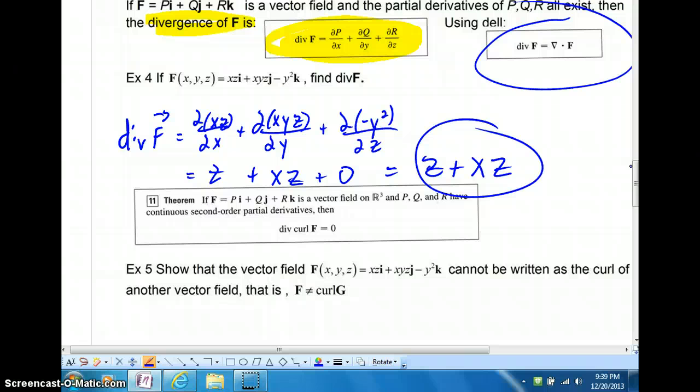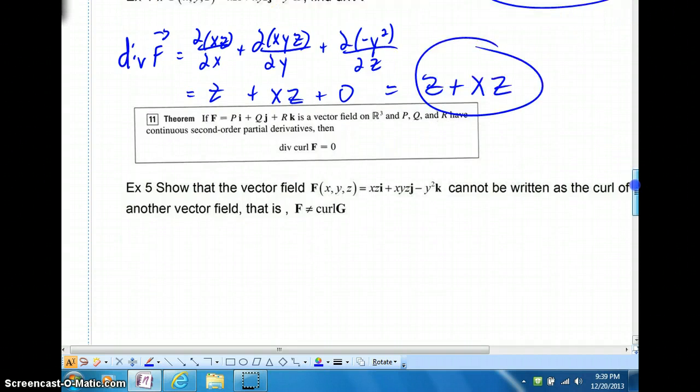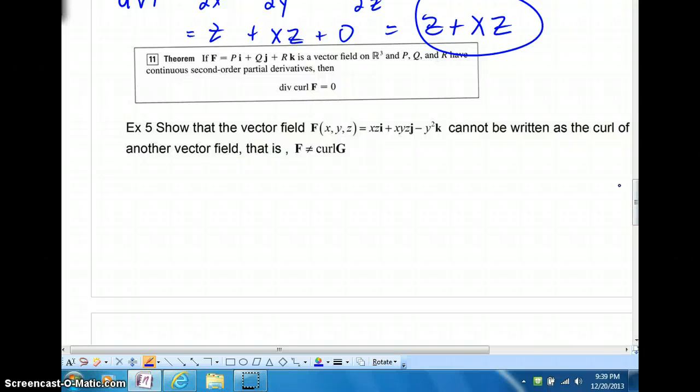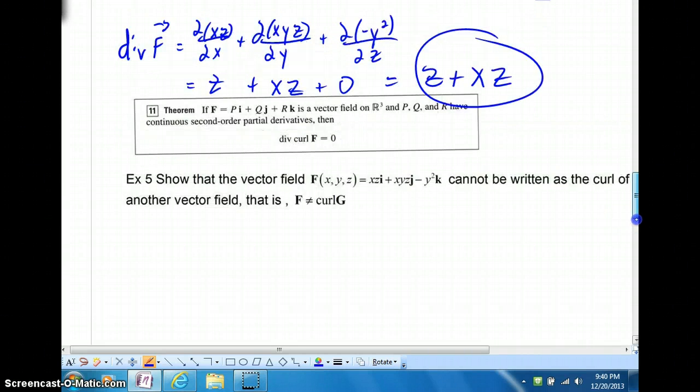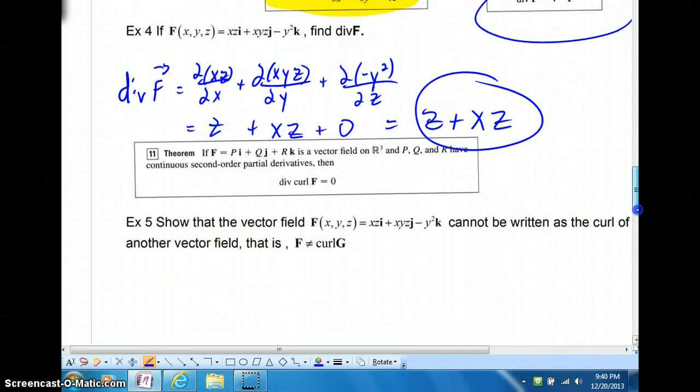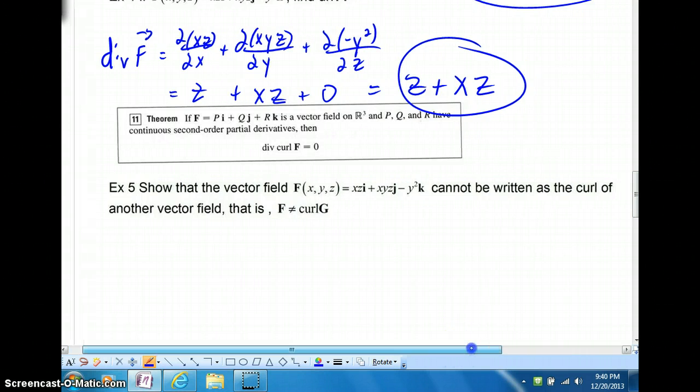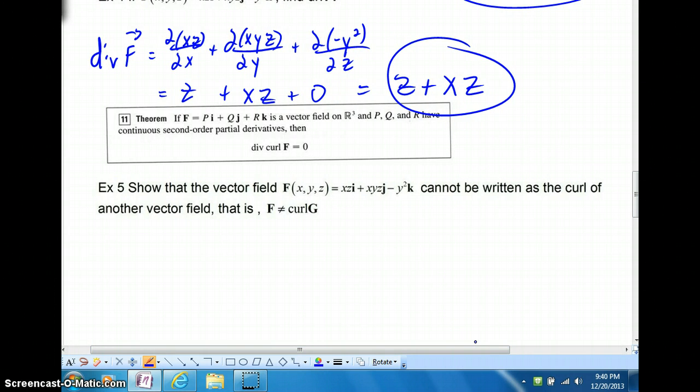Let's real quickly take a look at example number 5. Example number 5 says, show that the vector field xz i plus xyz j minus y squared k, which, by the way, we just did that problem, cannot be written as the curl of another vector field.